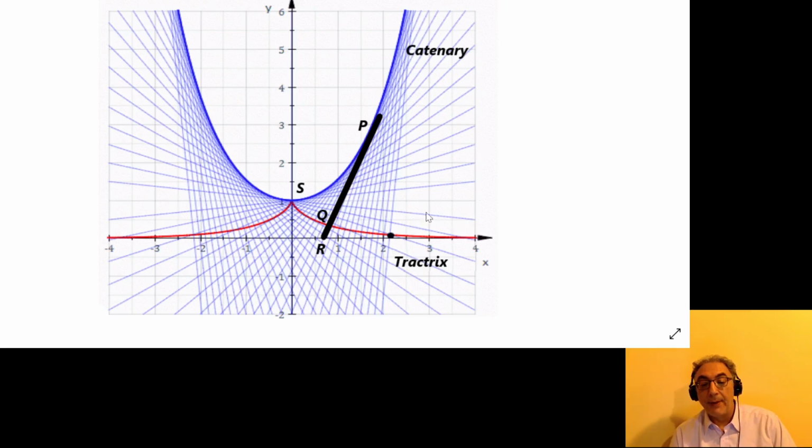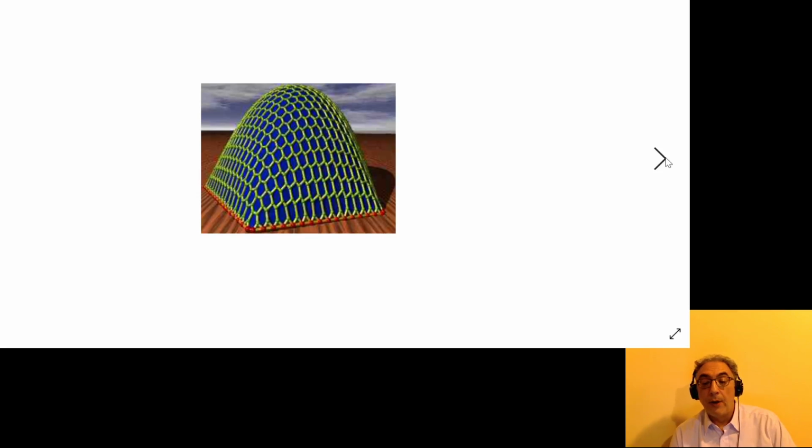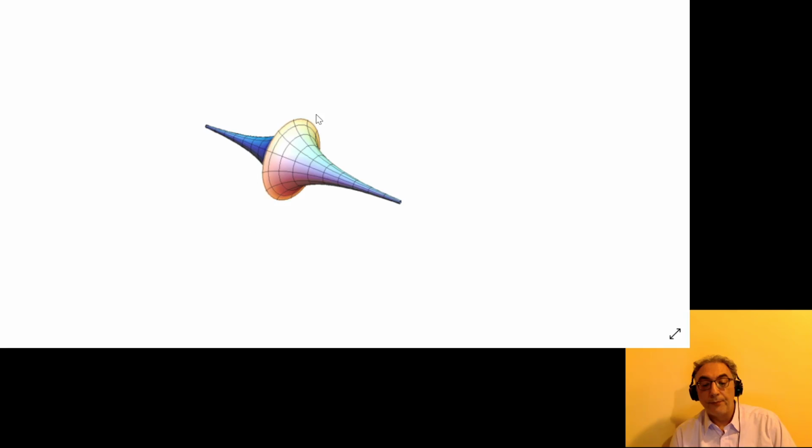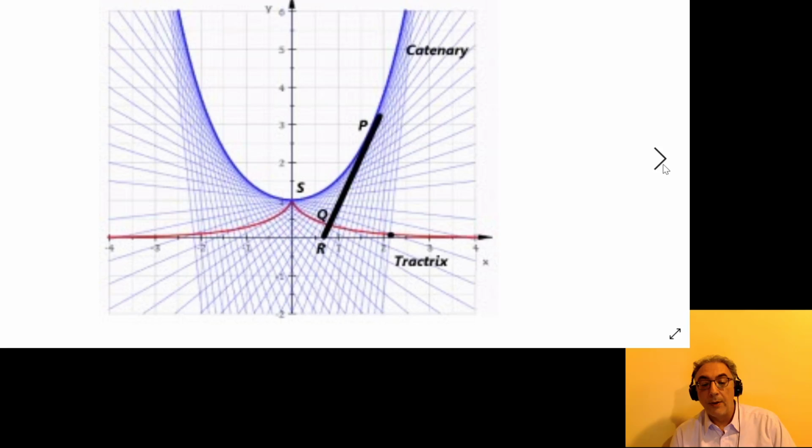Having grasped now this relation, we can move one step forward to think of the notion of a catenary dome. The idea is that the pseudosphere now is obtained by rotation of the tractrix along this axis of symmetry.